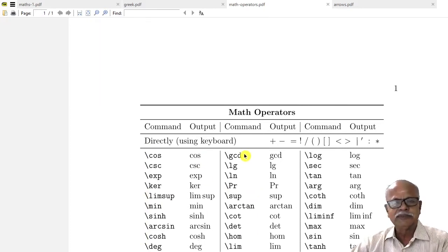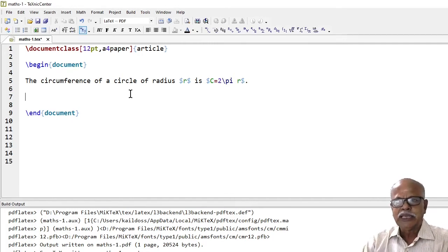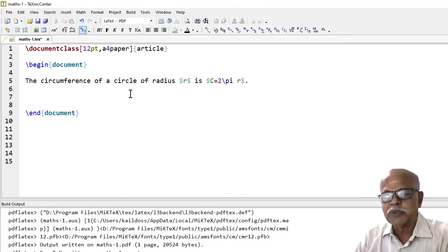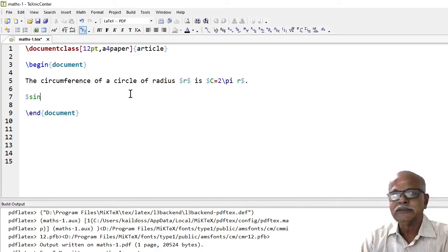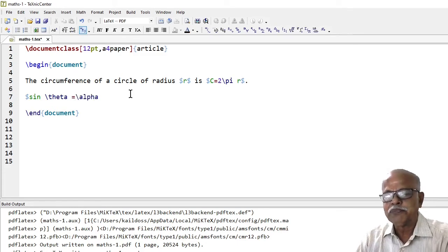Similarly for third and fourth, fifth and sixth. Remember, for log you have to put \log, and for ln, log to the base e, you have to put \ln. Similarly for sine, cos, etc. What I mean to say is, suppose you have a mathematical expression like this, sin theta equal to alpha.